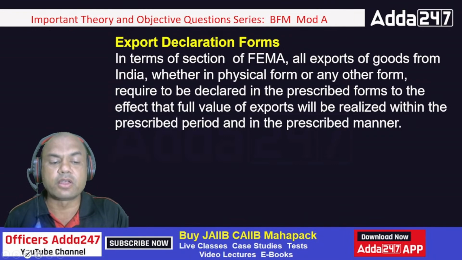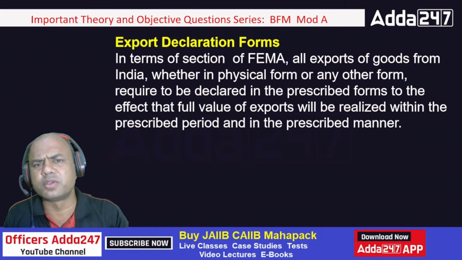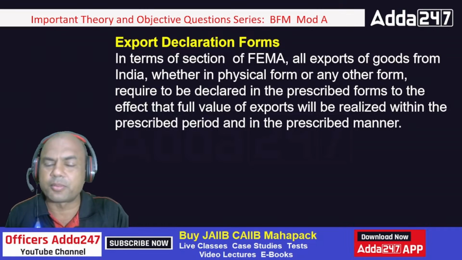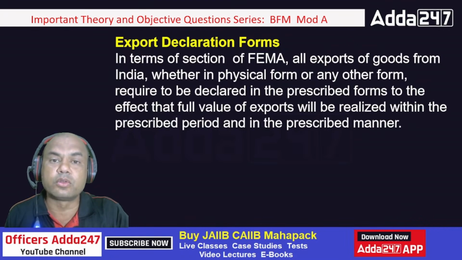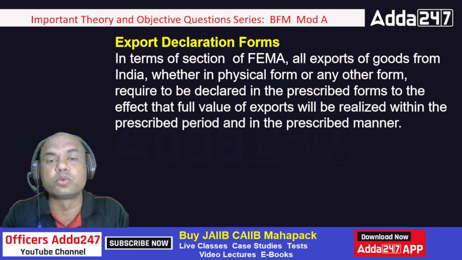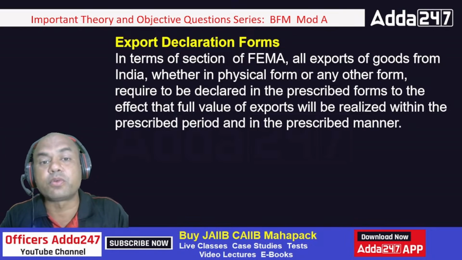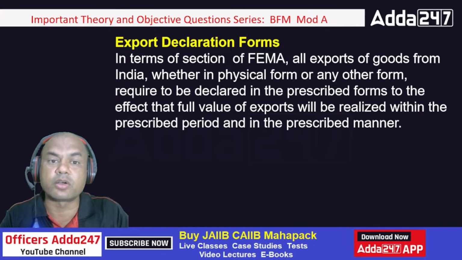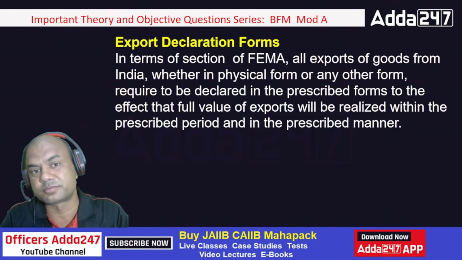Whenever you have to make any export, suppose you have manufactured something and you are selling it to somebody in the US. What happens in that case? You get the money, but the government doesn't know that you have sold something and got the money. The foreign exchange of any country is always affected by the business each individual does.